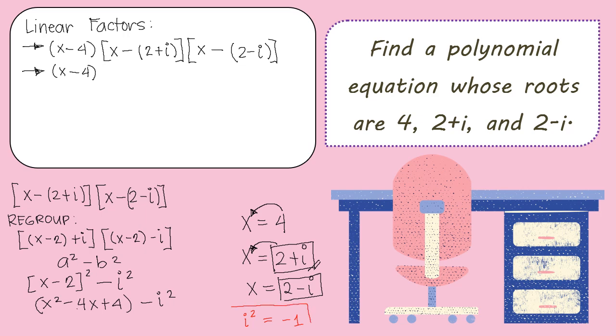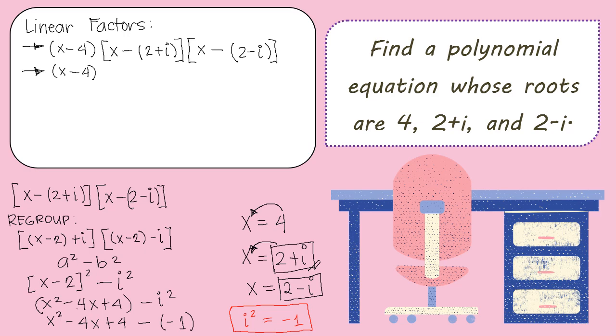So, for you to be able to simplify the given polynomial, you need to evaluate by substituting the equivalent of i squared. So, continuing the process, we will have x squared minus 4x plus 4 minus, and then you change the i squared into negative 1. So, again, in all the cases, if you see i squared, that is always equivalent to negative 1.